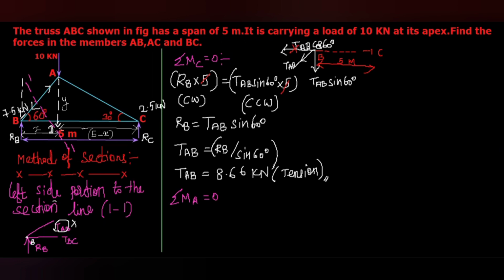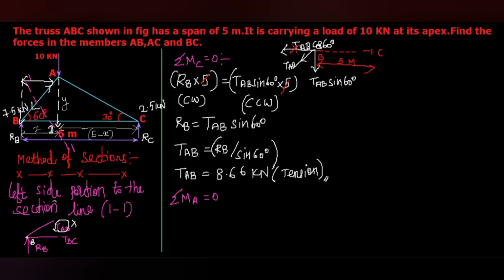We can consider RB acting upwards along this line. With respect to the point A, this distance is the same distance X. This BD is equal to this distance.